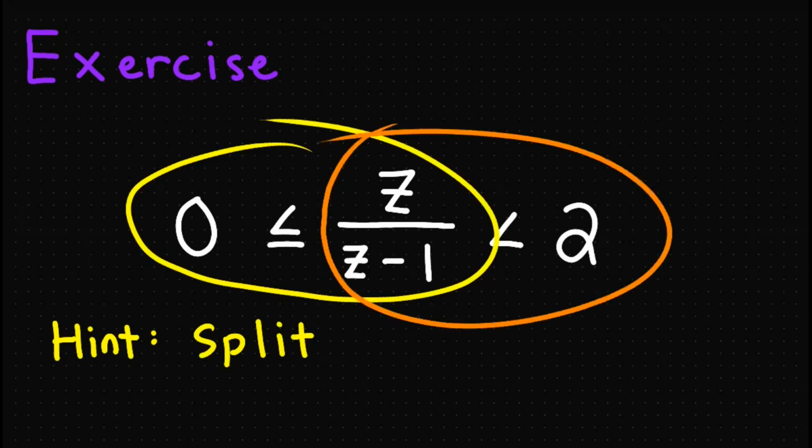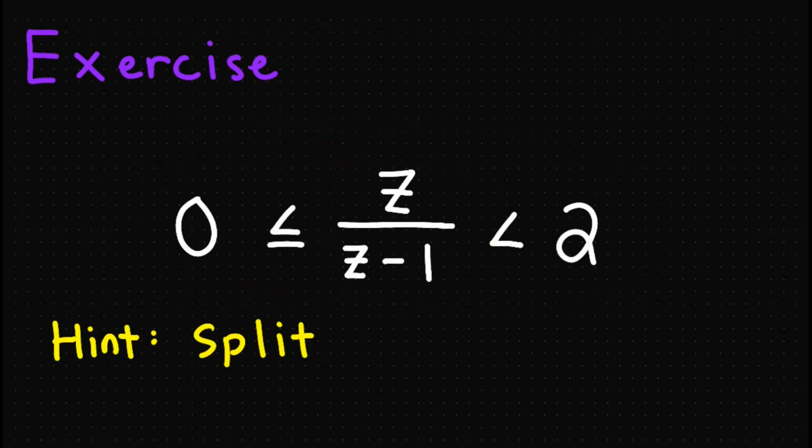So that is how you split the inequality, and after you split it, you get the intersection of the two inequalities that you obtain. So basically, you'll have two rational inequalities out here. That is why we only have one exercise, since it's already like two rational inequalities.